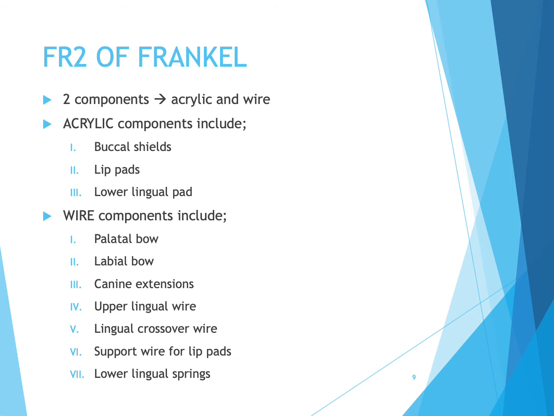The acrylic components include buccal shield, lip pad, and lower lingual pads, whereas the wire components include palatal bow, labial bow, canine extension, upper lingual wire, lingual crossover wire, support wire for lip pads, and lower lingual spring. I will show you photos that will explain these two basic components of the FR2.